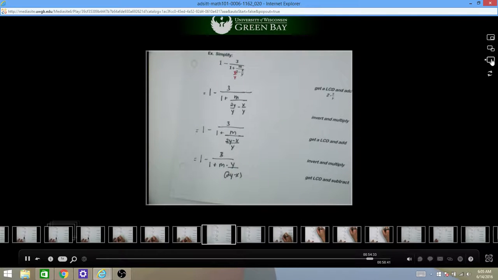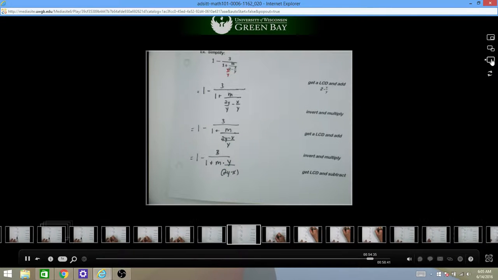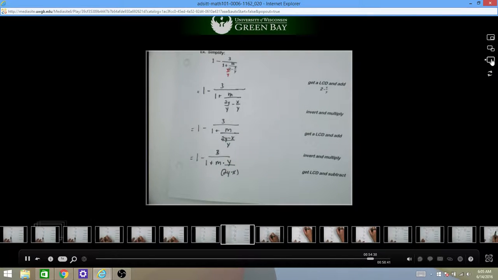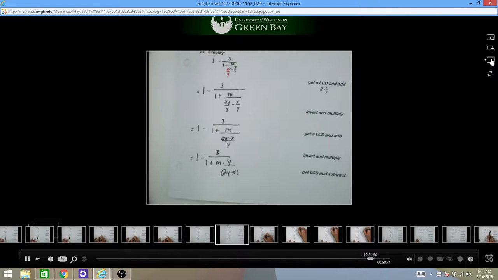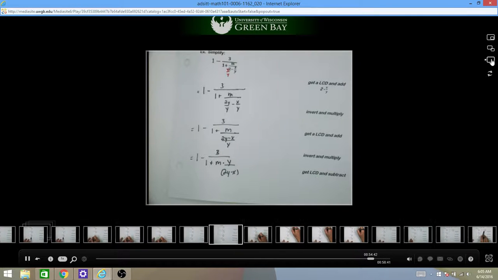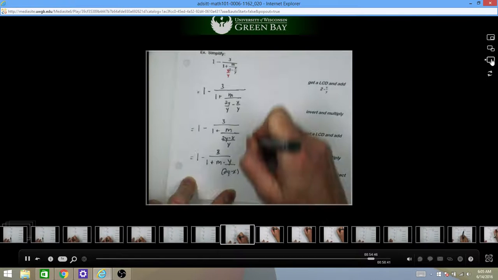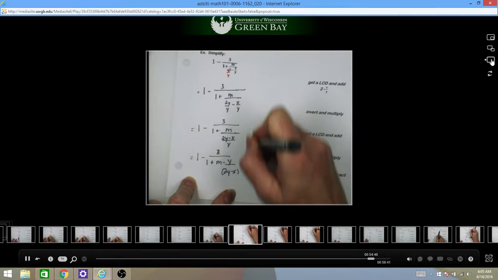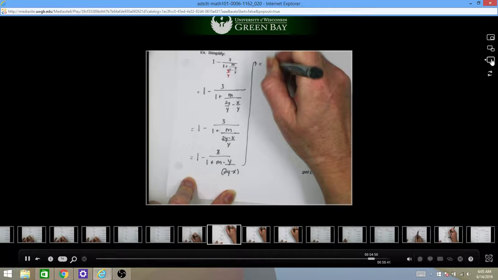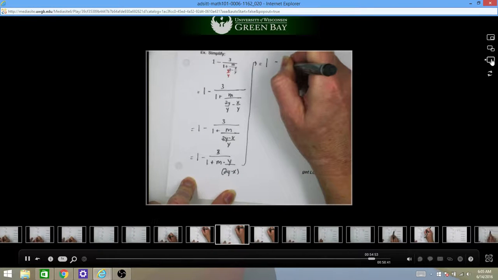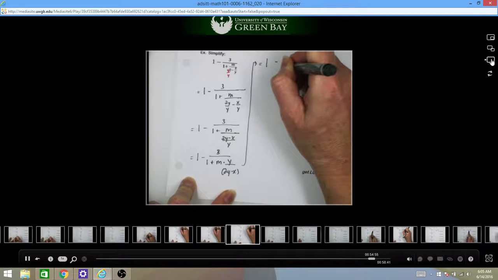So you flip the bottom fraction over and times it times the m. So now we have my over 2y minus x. So you're ignoring the 1, you're ignoring the 3, but now we have 1 plus my over 2y minus x.